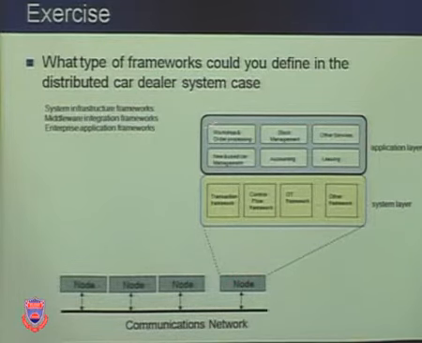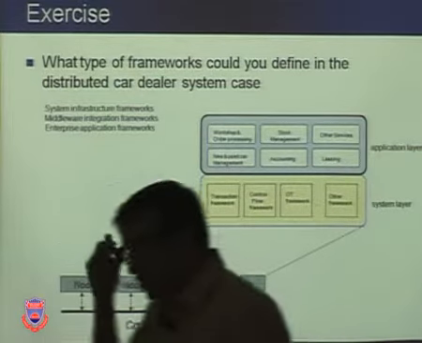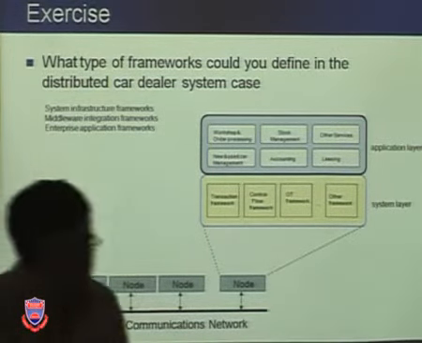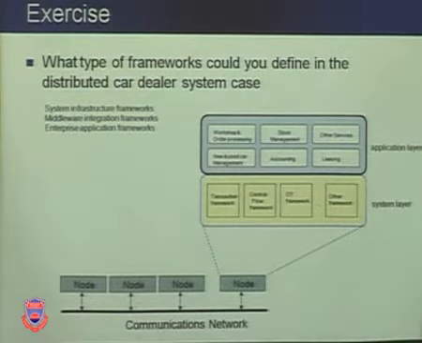We had the applications, where we have workshop, order processing, used car management, stock management, accounting, other services, leasing, and the system layer consists of transaction, control flow, etc. So what type of frameworks can we identify here? This is actually the top level deployment architecture. What type of frameworks can we identify here and where?